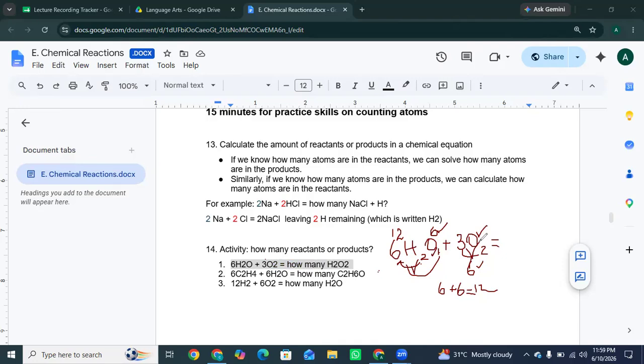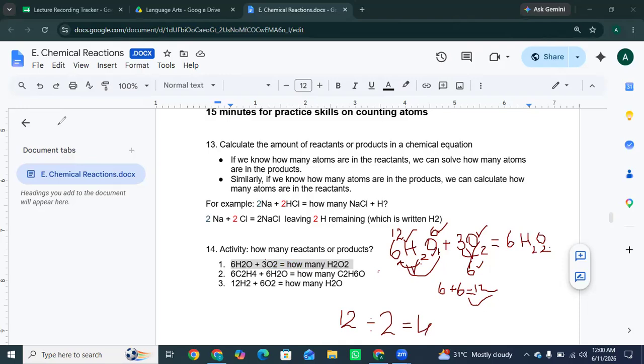Since we have 12 hydrogens and 12 oxygens total, we simply divide by 2. 12 divided by 2 is 6. So the full balanced equation: we simply make H2O2, but the number we require is 6. Okay, 6 H2O2.